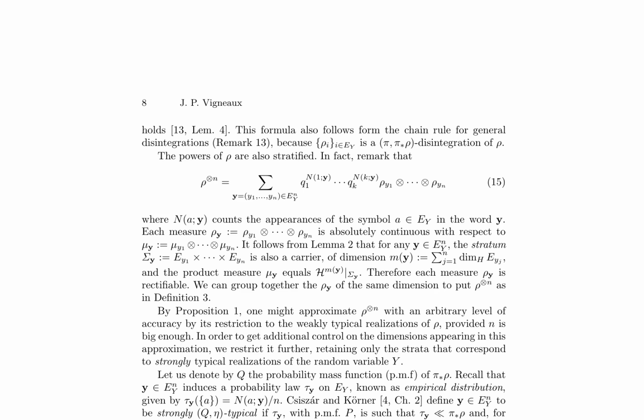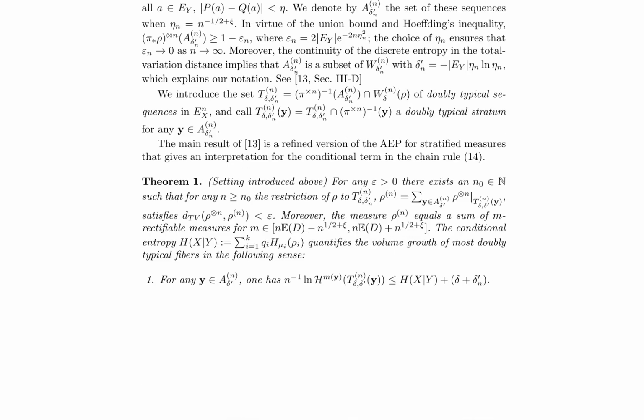Central to this approach are doubly typical sequences and strata, subsets of realizations with specific properties. These subsets approximate the original measure with arbitrary accuracy, allowing for better control over the dimensions appearing in the approximation. The conditional entropy H(X|Y) quantifies the volume growth of most doubly typical fibers, providing a quantitative measure of system complexity.